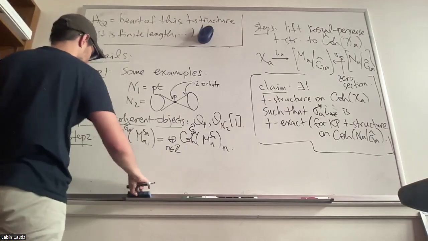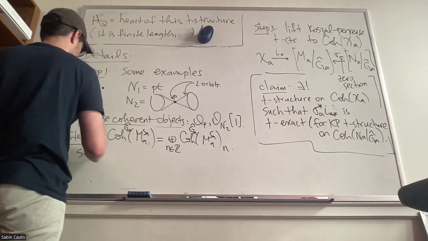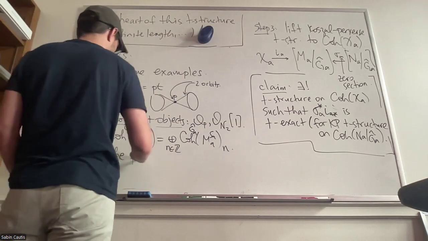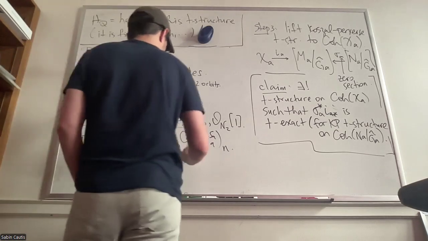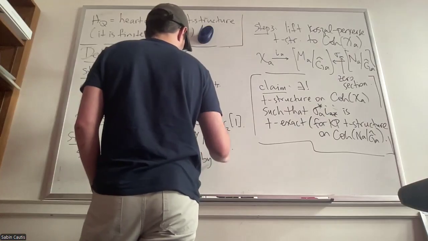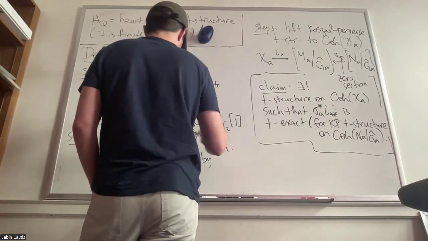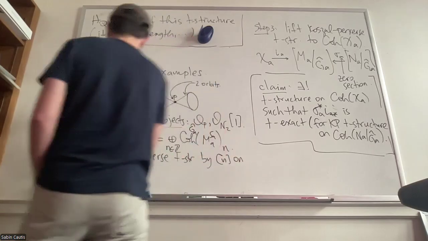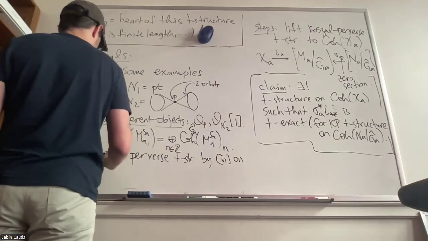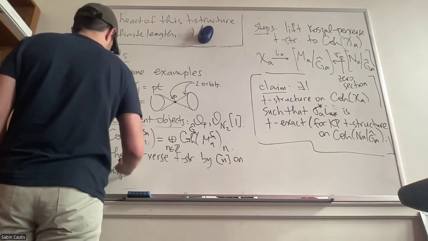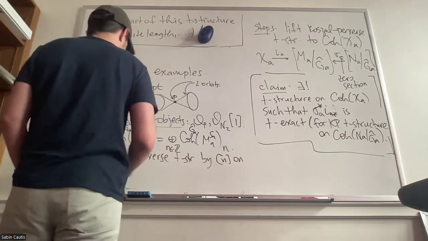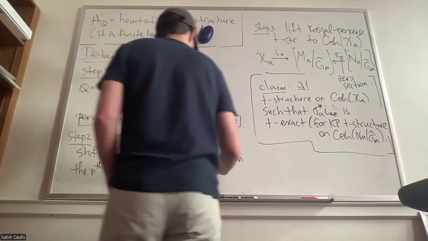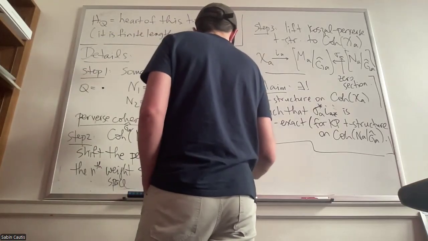Okay, so let's say you shift the T structure you started with, in this case the perverse T structure, by the appropriate amounts, I guess by n on the nth weight space, so that this shift becomes T exact.